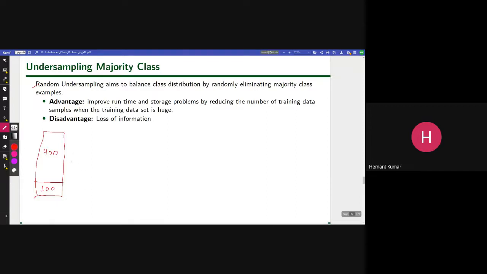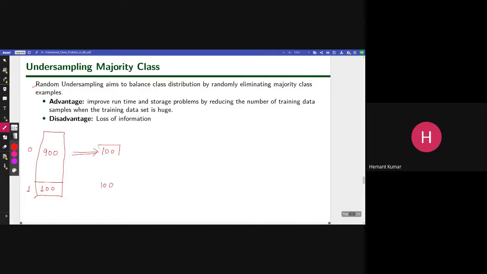Undersampling says we take a random sample from the majority class, and the rest of the samples are removed. We pick just 100 samples from the zero class, and the one class is simply 100.